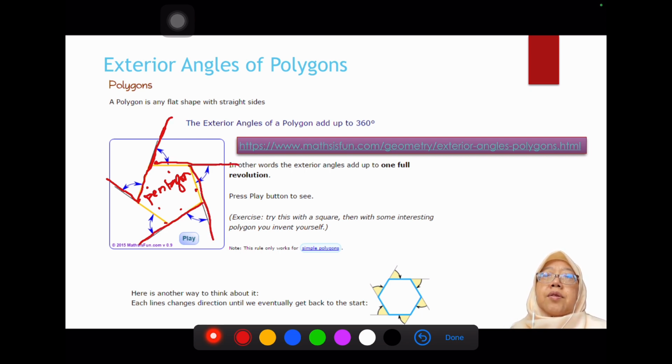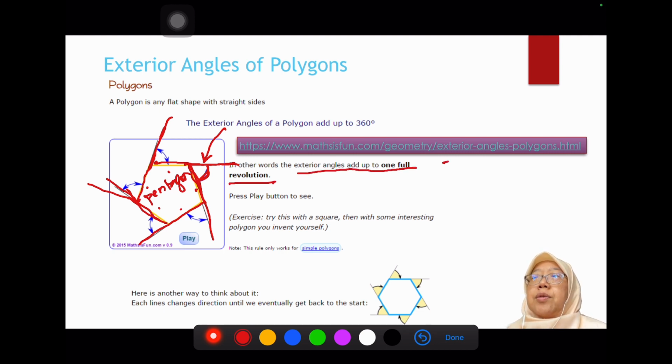And then between the side and the extended line, these are the exterior angles. In other words, the exterior angles add up to 1 full revolution. 1 full revolution means it is 360 degrees. You can go to this particular website and click on the button to play it.